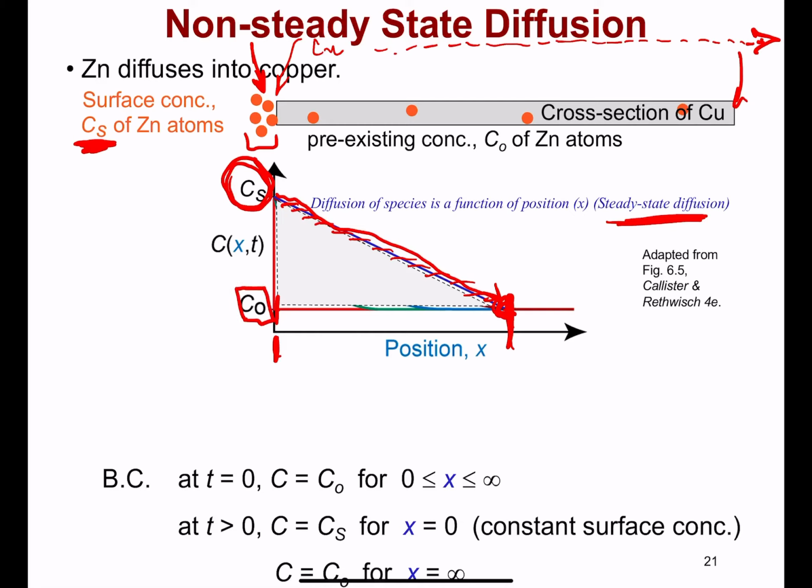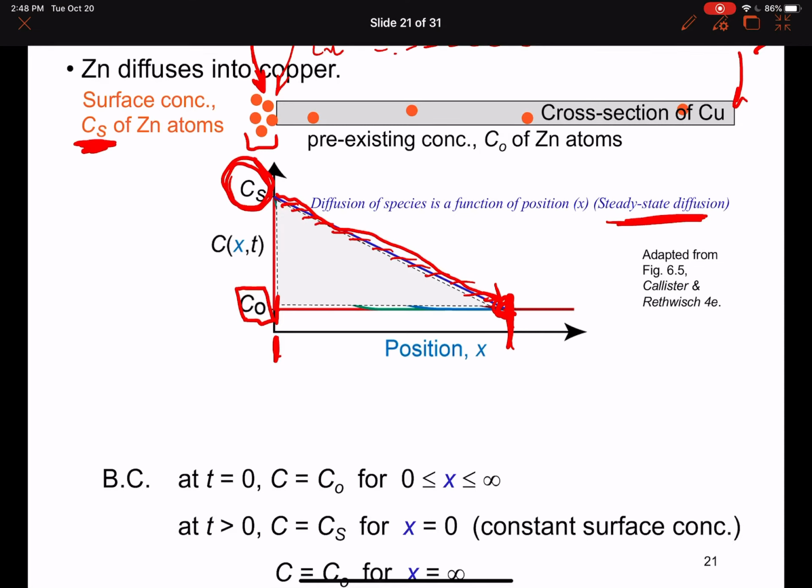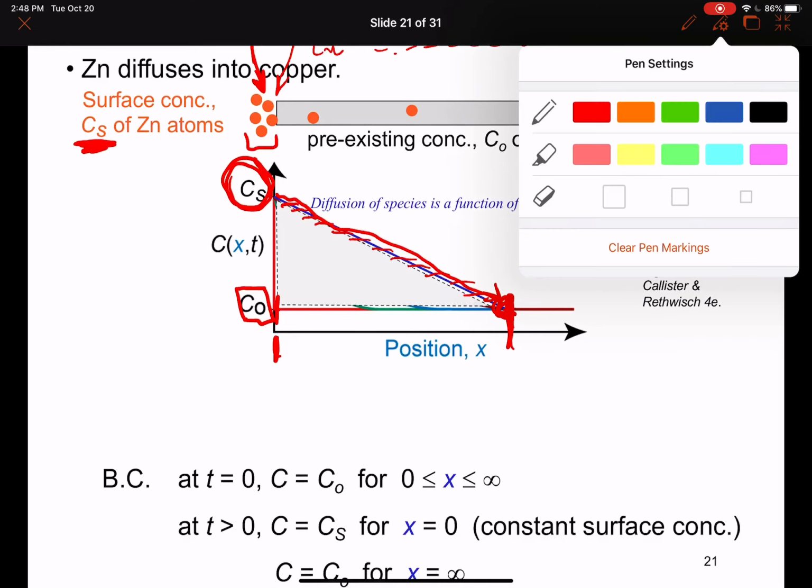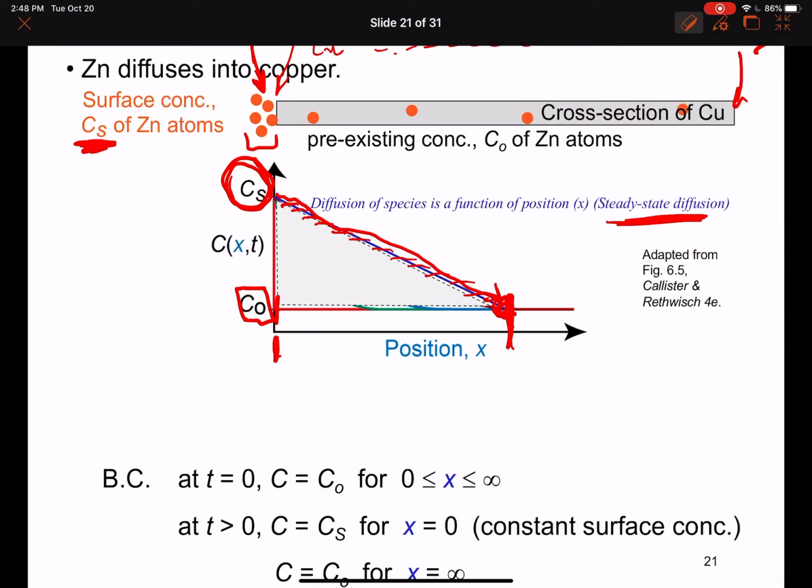That could be a concentration value that is non-zero or it could be a concentration value that is exactly 0. Depends on the problem. Okay, so that is steady state diffusion as we've tackled it before.